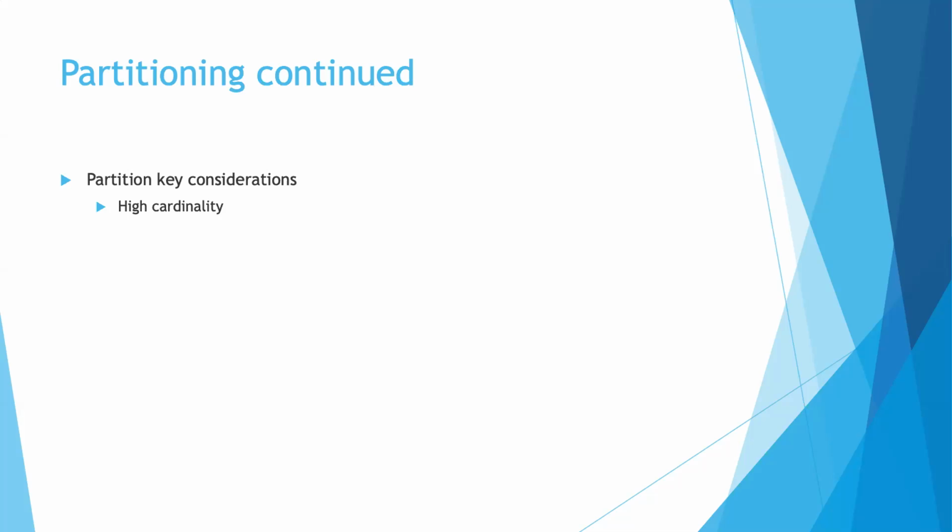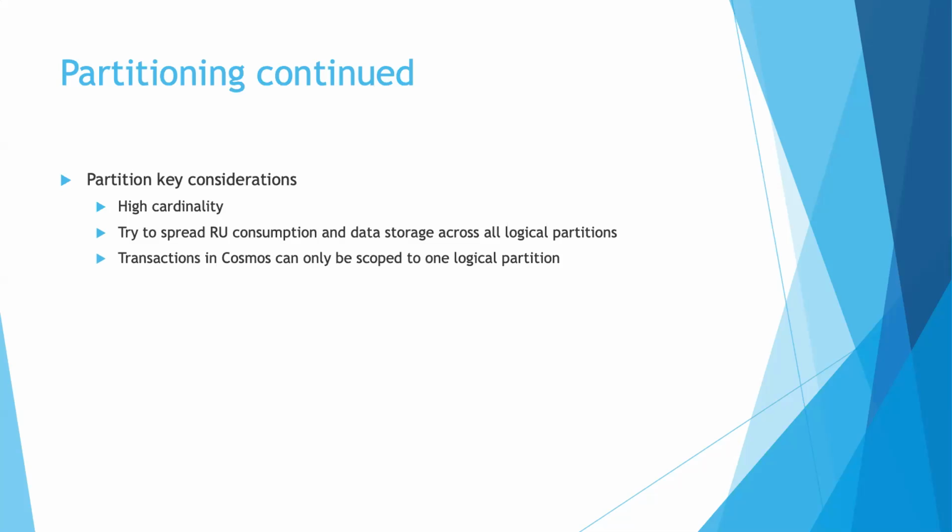So a high number of unique values is ideal. And what are we trying to do with that? We're trying to spread the RU consumption across all of the logical partitions, which gives us better performance, so that we can, in parallel, utilize our allocated RUs.